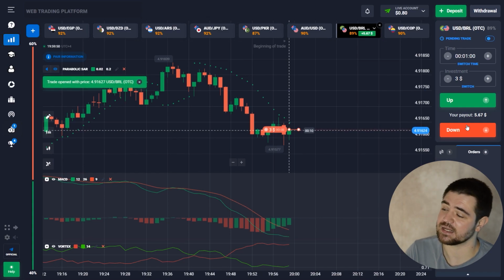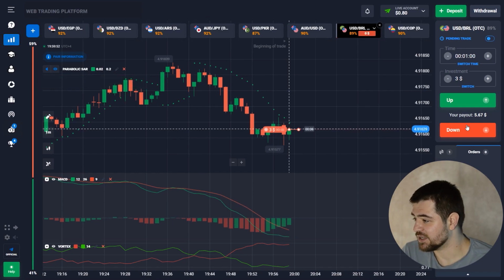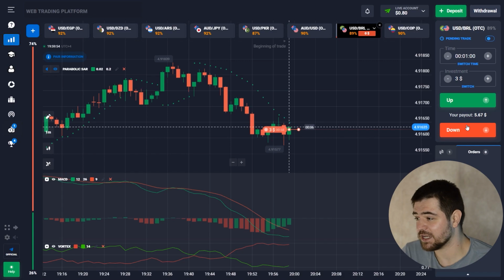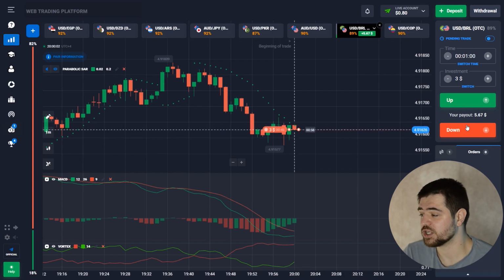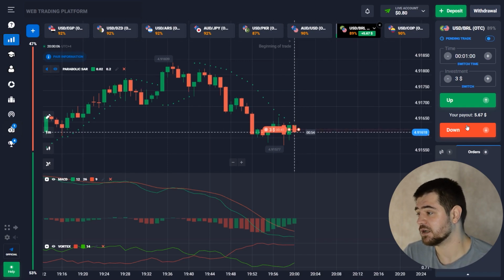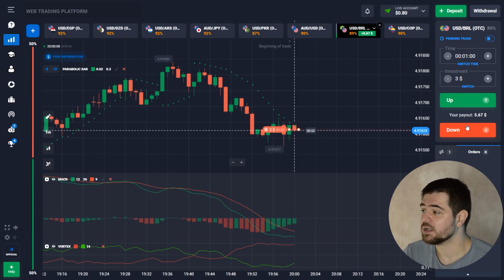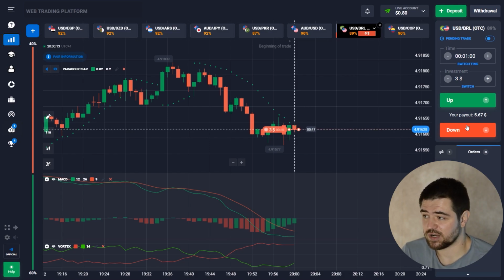Let's go ahead and place our next option. So I've made a put option here, and why did I do that? We see the vortex, which is showing us that the dominant trend here is the downtrend, yeah.